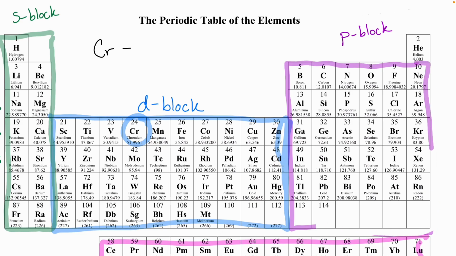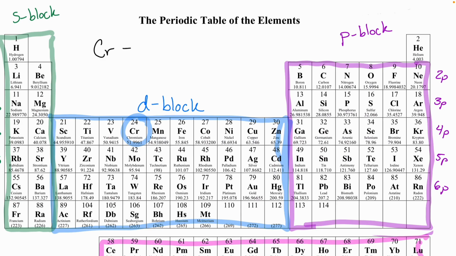In contrast to our S block, for our P block we don't start numbering at 1. We start at 2. So this is the 2p row, the 3p row, 4p, 5p, 6p.